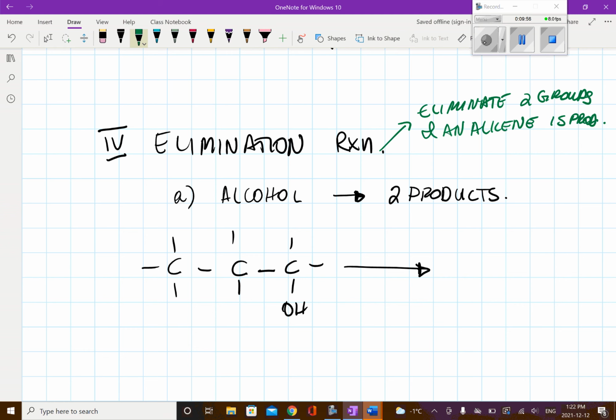In order to eliminate two groups, we'll eliminate this OH hydroxyl group and an H, two groups.